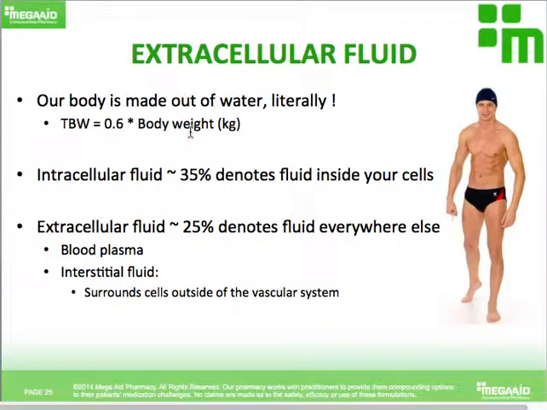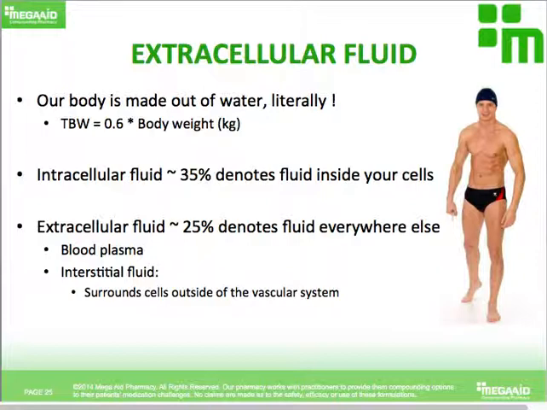These percentages are for adults, and they might be slightly different in children or adolescent patients. And then the extracellular fluid is going to be made up of plasma, and it's also going to be made up of interstitial fluid. Interstitial fluid is basically the fluid that surrounds the cells outside of the vascular system.